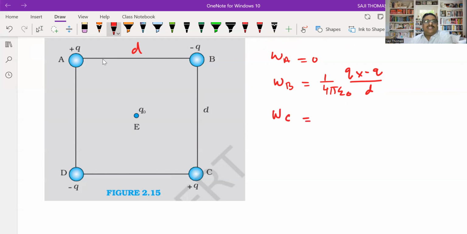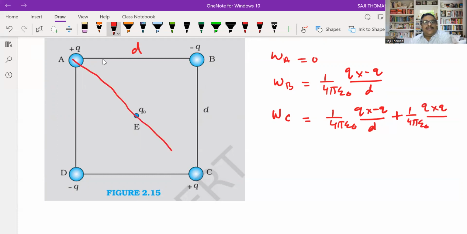First work done against the force of B. What will be that? 1 by 4 pi epsilon 0 plus q into minus q by d, plus you have to do work against the force of A. What will be that? 1 by 4 pi epsilon 0 Q1 is Q, plus Q divided by the diagonal, distance between A and C, the diagonal only. That diagonal, you know, d root 2. Diagonal of a square, d root 2. Okay.